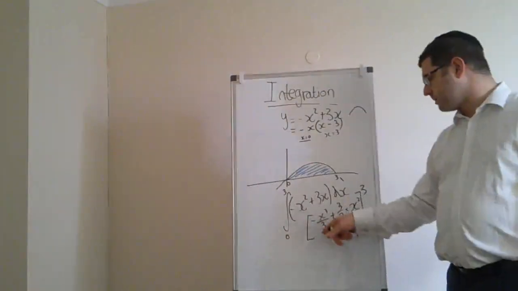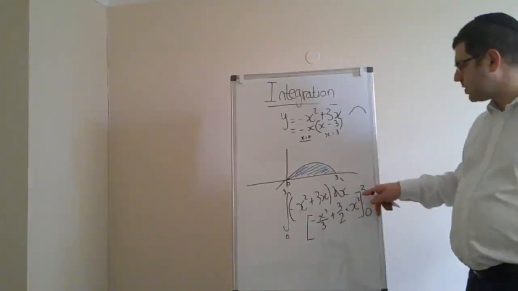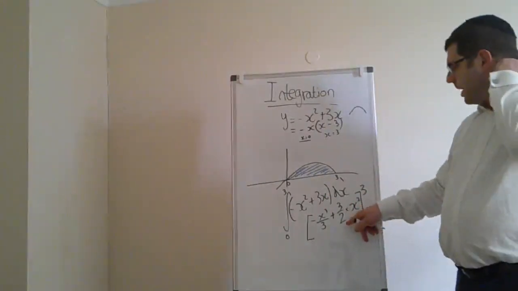Same here, this has a power of 1, so it becomes x squared, and then you divide by that new power and you get this.